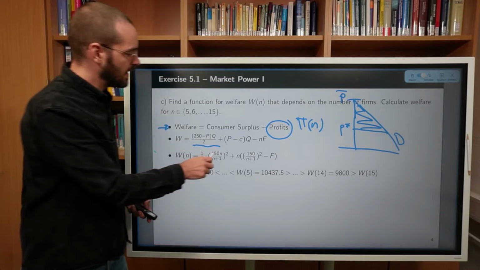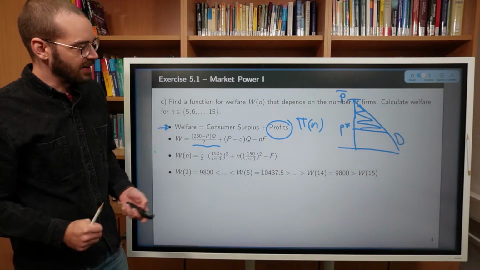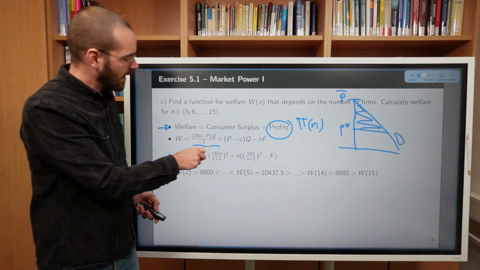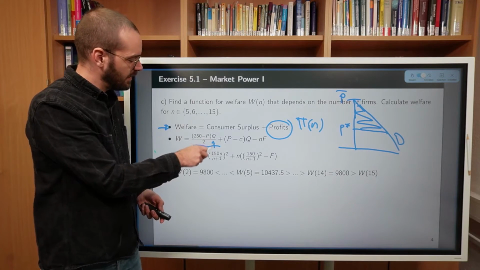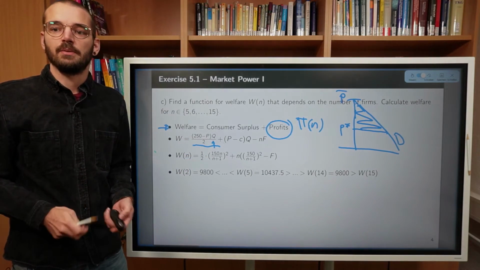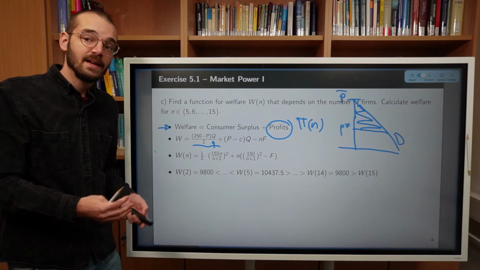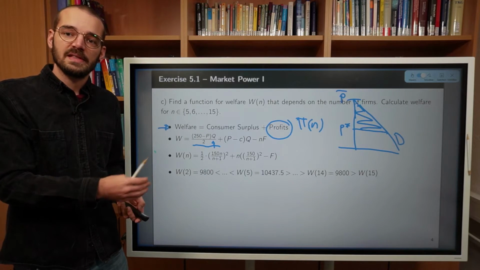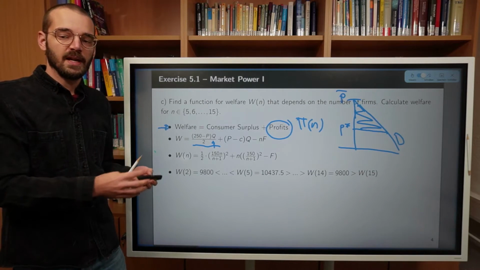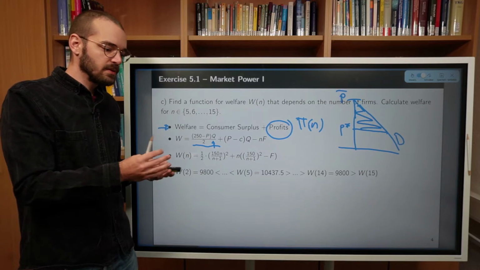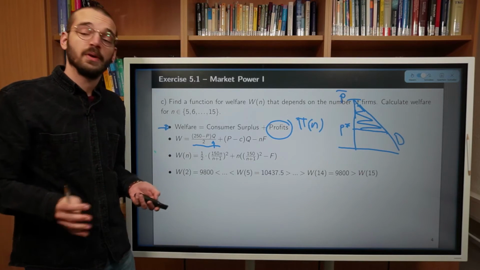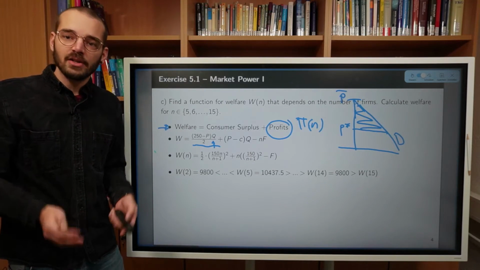The only difference right now is that we are not plugging in specific values for price and quantity in equilibrium, but instead, relying on our previous tasks, we can use the expressions for equilibrium quantity and equilibrium price as a function of n.